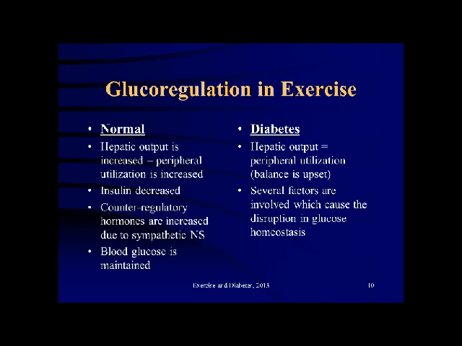So checking blood sugars is absolutely important when you're giving an exercise prescription initially and an individual is trying to determine how their body responds to exercise with pre-existing diabetes, with gestational diabetes. Several factors are involved that cause a disruption in glucose homeostasis. These largely are the sympathetic nervous system within the orchestration of the counter-regulatory hormones.